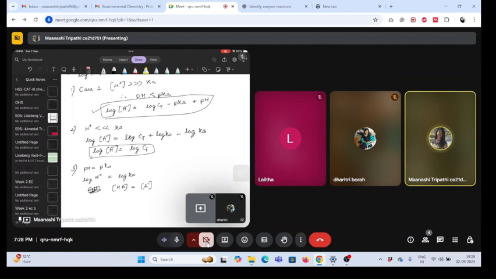So pH is equal to pKa. This happens at equilibrium, so HA is equal to A negative. So this is equivalence point.